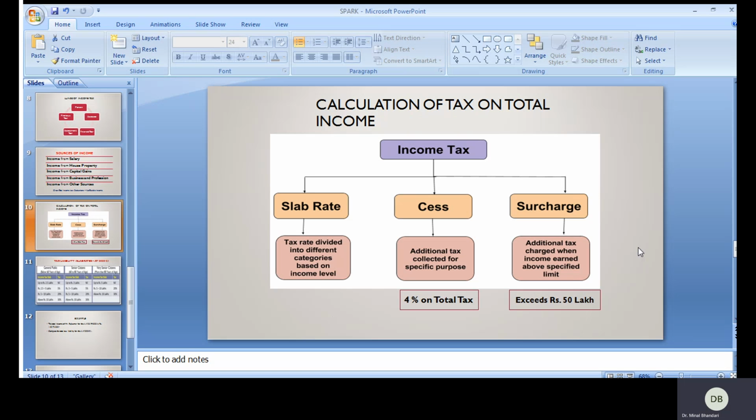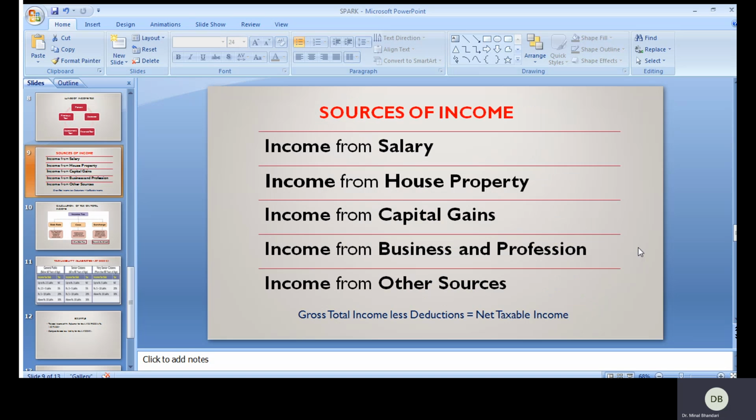First of all, we need to add all five heads if they are there. Sometimes there may be only one income source, that is income from salary, or only house property.